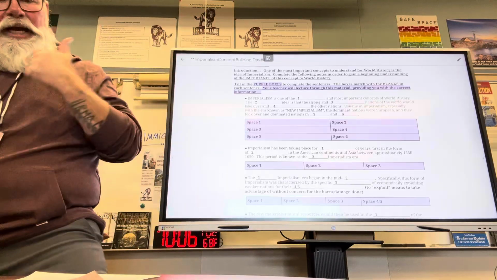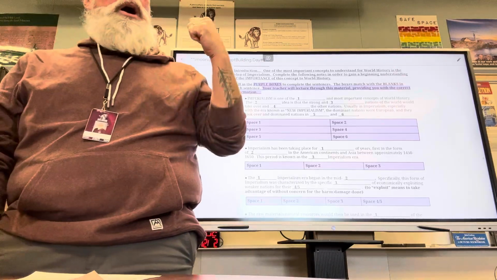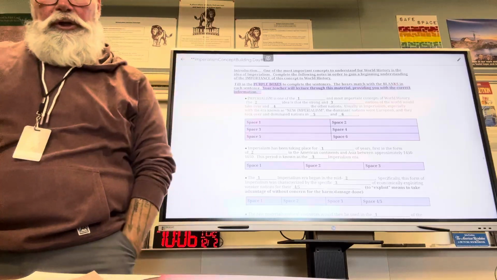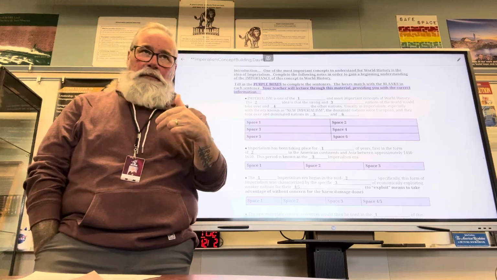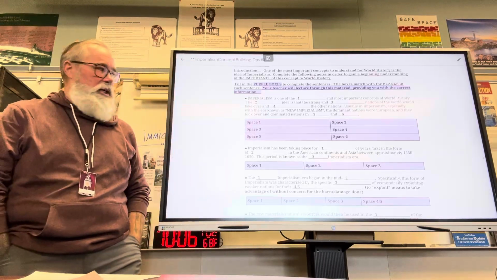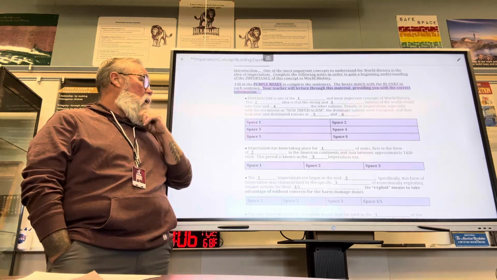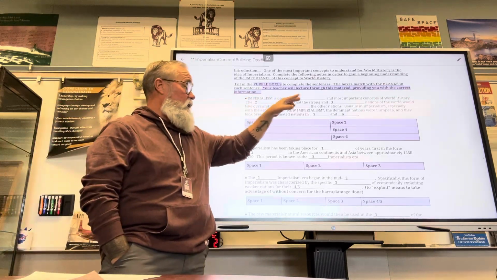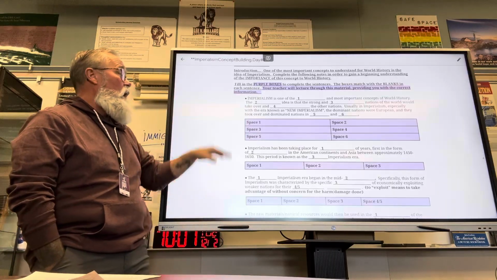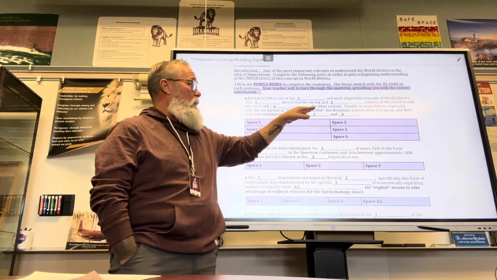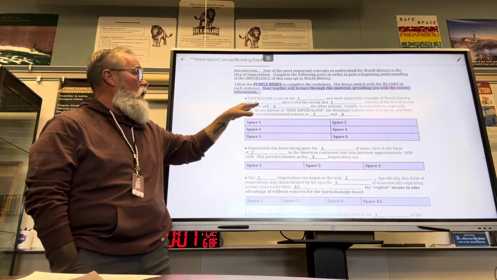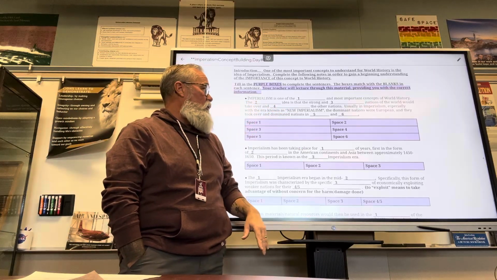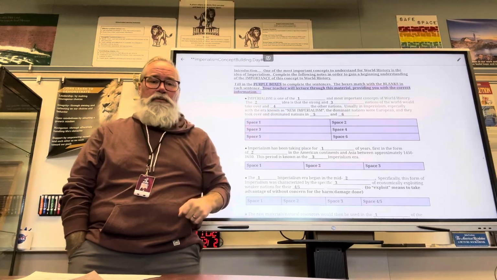The main idea is that the strong and powerful nations of the world would take over and dominate the other nations. Okay? So I'm going to go through those two sentences again. Imperialism is one of the biggest and most important concepts of world history. The main idea is that the strong and powerful nations of the world would take over and dominate the other nations. You should have those first 4 done.